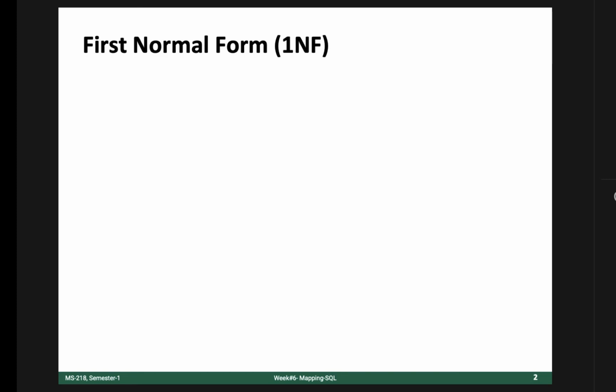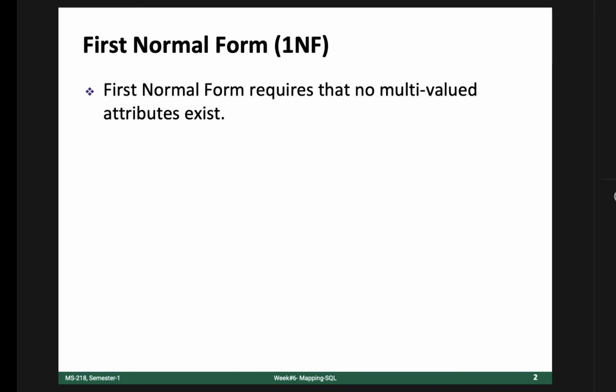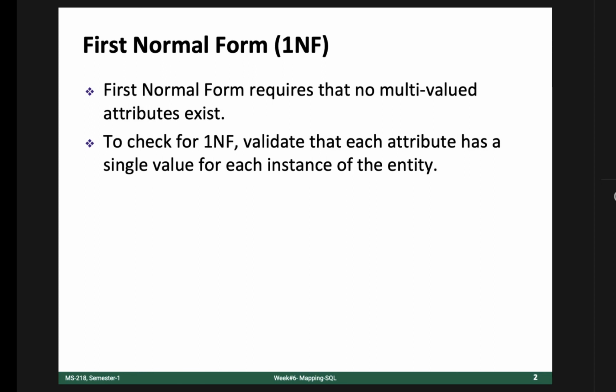No multi-valued attribute. Good. And it's very easy. You don't have to put all rooms of this building in one attribute. You have to put them somewhere else, so that one column should contain only one value. First normal form requires that no multi-valued attributes exist, and to check for 1NF, validate that each attribute has a single value for each instance of the entity.